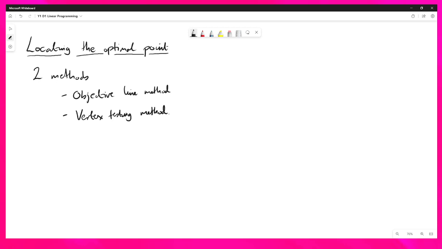The objective line method tends to be a little bit quicker. The vertex testing method is a little bit easier to do, but both are valid methods. We're going to use the same graph for both of these, but with different objectives for both.